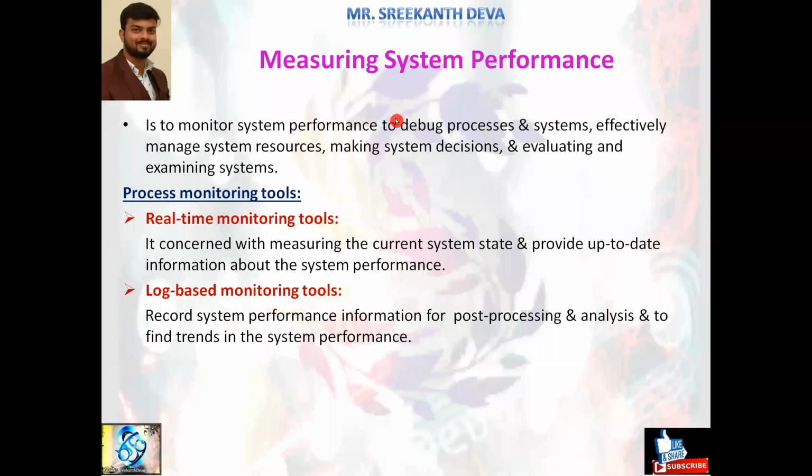Coming to measuring system performance, how is system performance measured? One of the main functions of an operating system is to monitor system performance, to debug processes and systems effectively, manage system resources, make system decisions, and evaluate and examine systems. It is basically categorized under process monitoring tools.